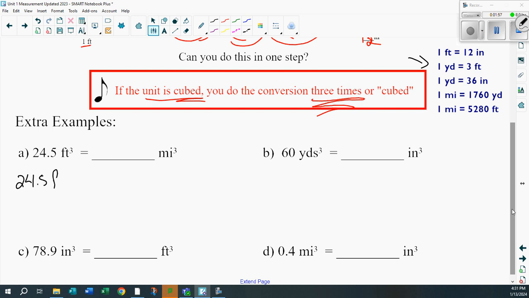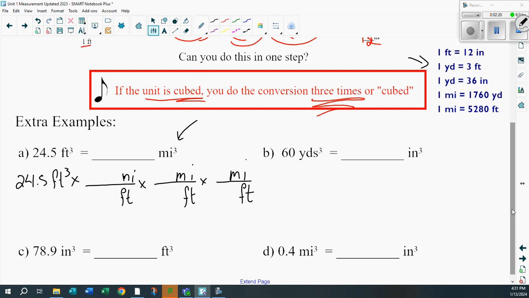24.5 feet cubed. Okay, I want to convert this into miles cubed. So not only do I do it once, twice, but I do it 3 times. Miles on top once, miles on top twice, miles on top 3 times. Right, okay, now feet into mile.